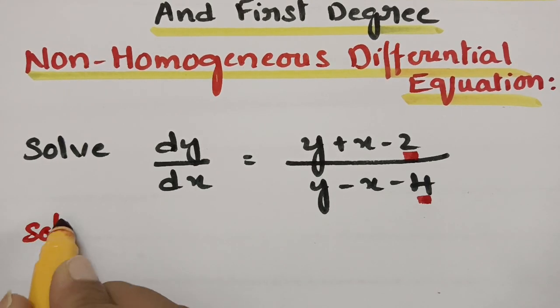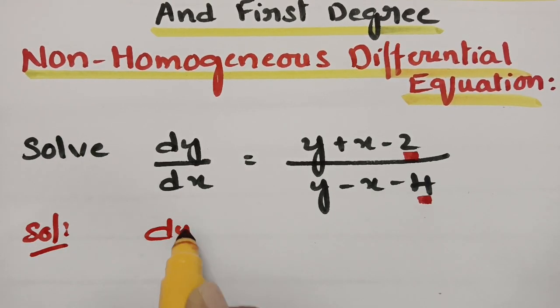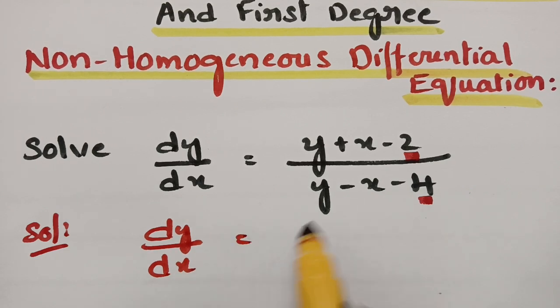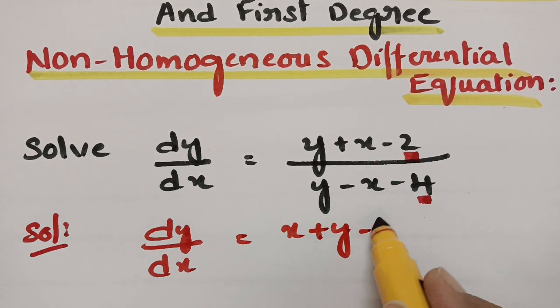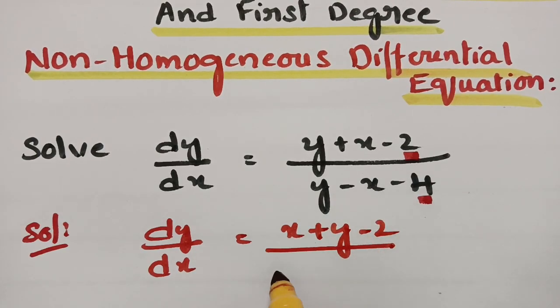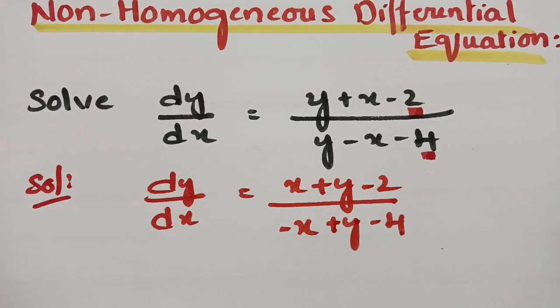See here in the solution, dy/dx can be written as: first the x term and next the y term, and this is minus 2, and here the x term is minus x, this is plus y, and this is minus 4. First of all, we have to do one thing.